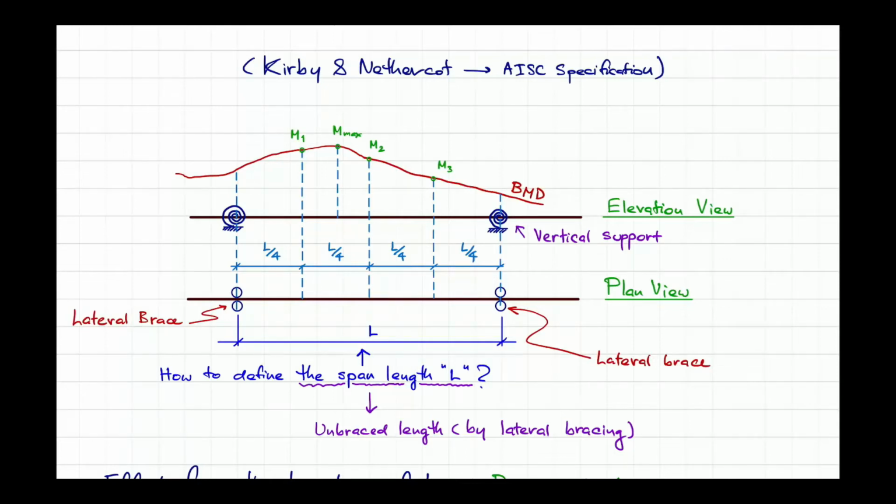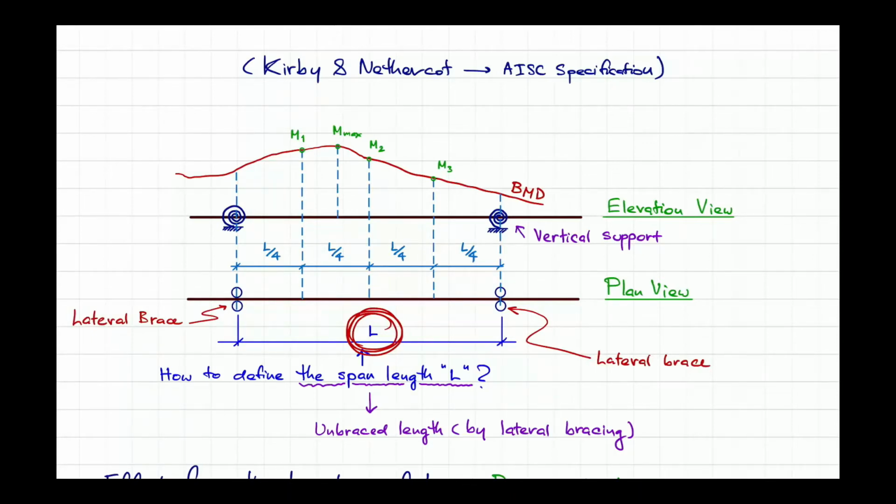And what are these things? Basically, the question arises about the L. How do we determine the L? In many cases, we'll find that the span length, or the gravity support length, is generally equal to the lateral support length.